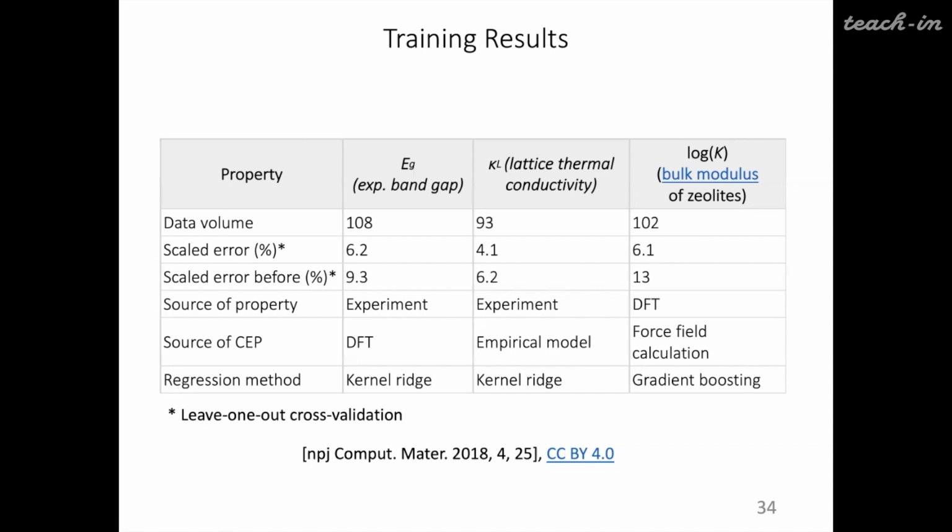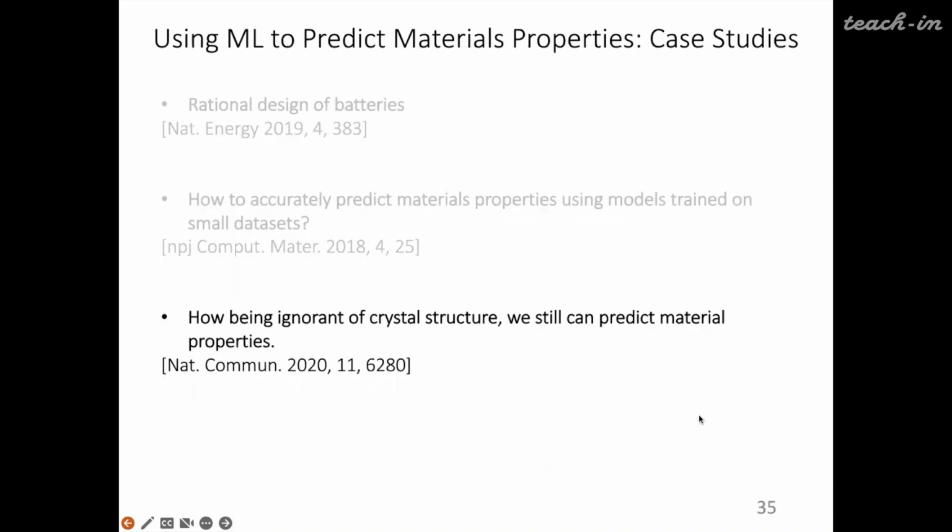And especially in the last case, they obtained a twofold increase in model accuracy in the percentage scale that was determined by cross-validation. And they used kernel ridge regression and gradient boosting. So you can refer to the original article if you are interested.